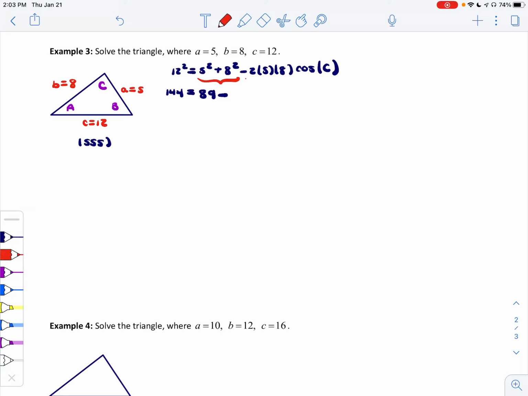And then this chunk, 2 times 5 times 8, will just be 80, and still times the cosine of angle C. Now we're just going to keep isolating our angle C. So we need to subtract the 89 over. 144 minus 89 is going to give us 55.